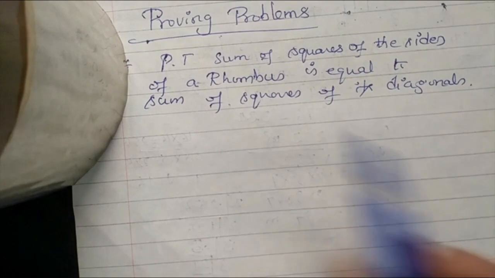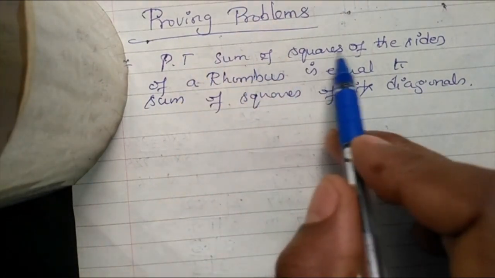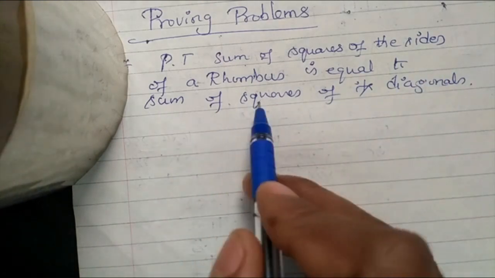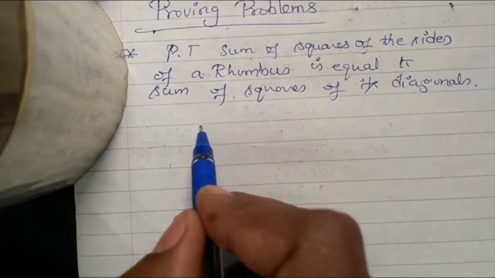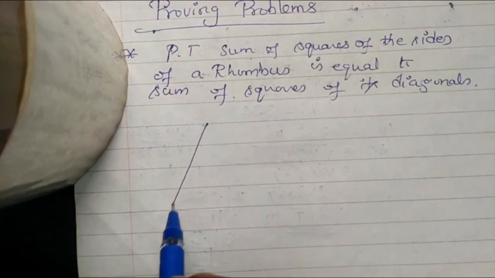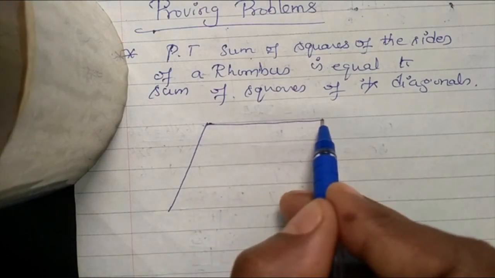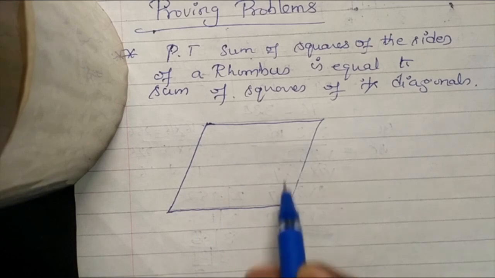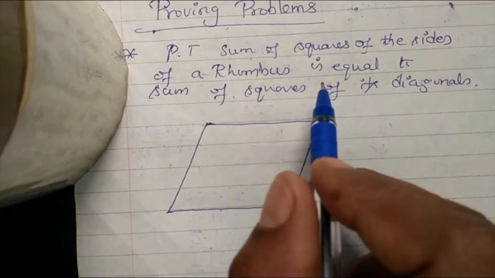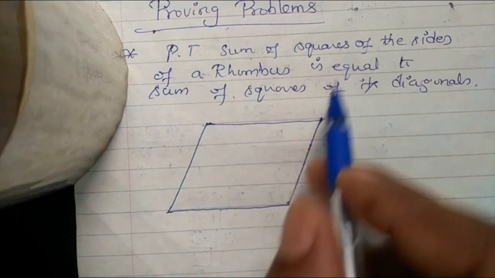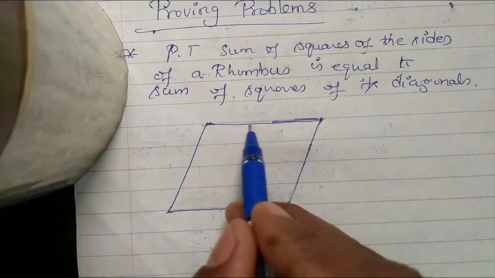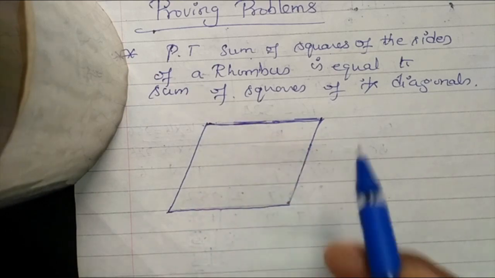So understand the question. Prove that sum of squares of the sides of a rhombus is equal to sum of squares of its diagonals. Let us have first one rhombus shape, then we'll understand more. Usually in geometry, if you are not understanding the question, go for a diagram which is related to the problem, then you understand a little bit more than reading the question.